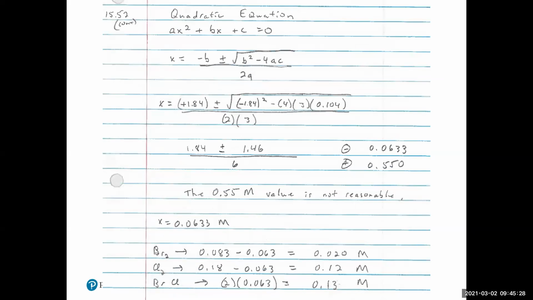So that tells me that the 0.55 value isn't reasonable, and that's not going to be the one to use. So we're going to use the 0.0633. We go back to our table and we subtract that from our two reactants, and then we have 2 times that value to be our product, our BrCO product, and then we finally get to our molarities of things, okay?